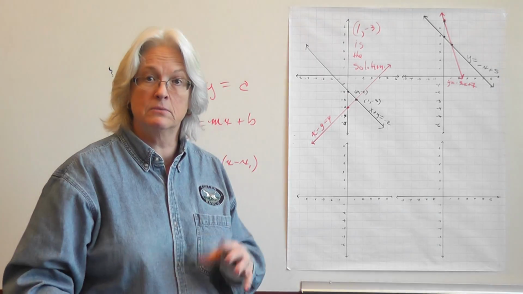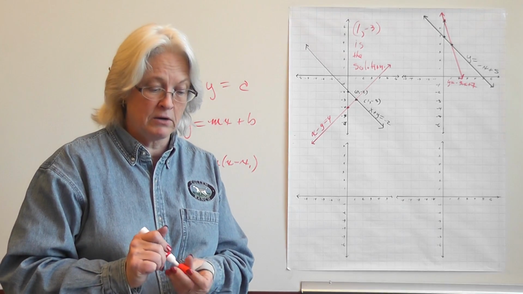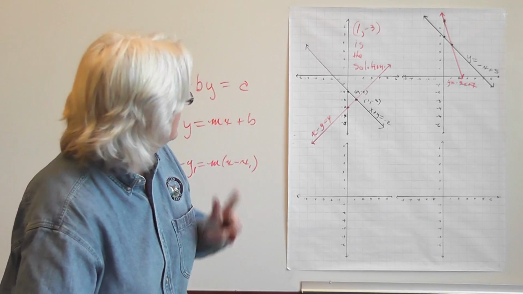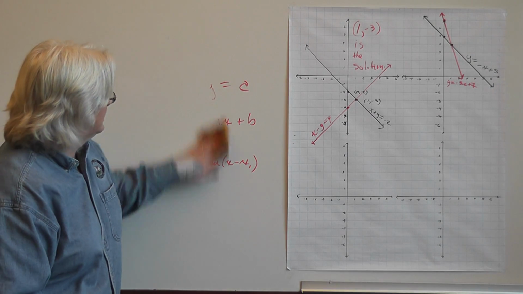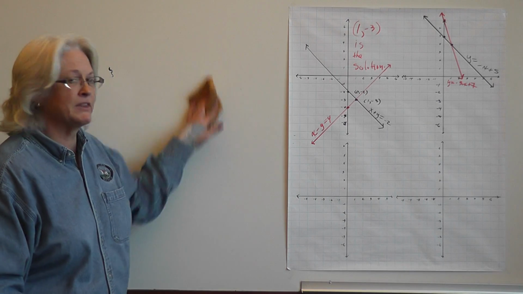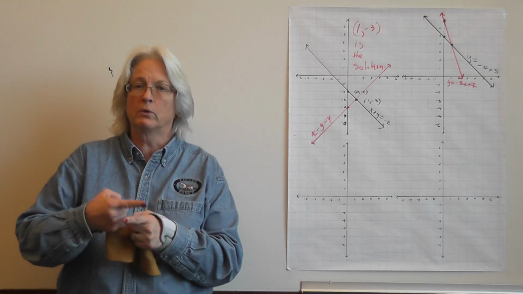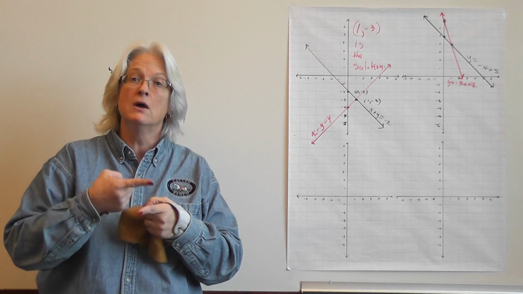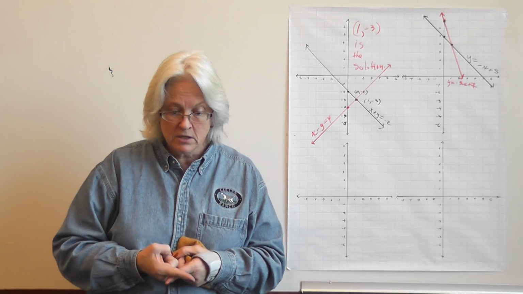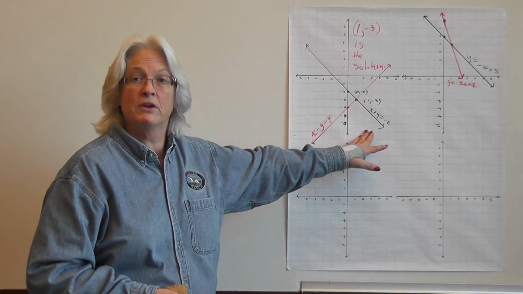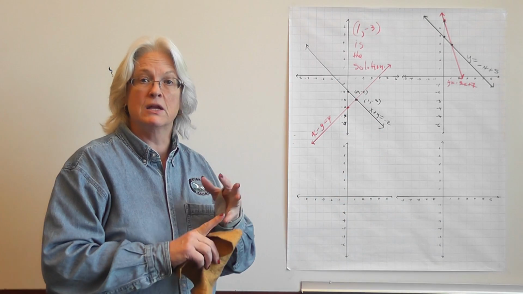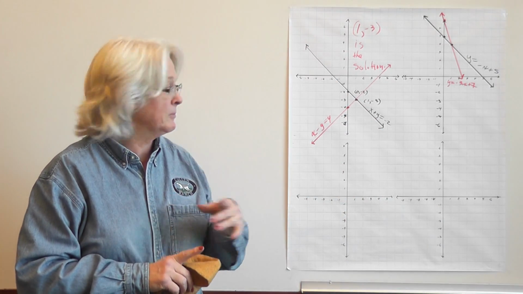So what's a system of equations that we're talking about here? A system is two linear equations, two equations of a line that you're going to solve at the same time. In other words, what we're looking for right now is the place where those two lines cross. So first thing that you do, we wrote each of those equations in slope-intercept form.